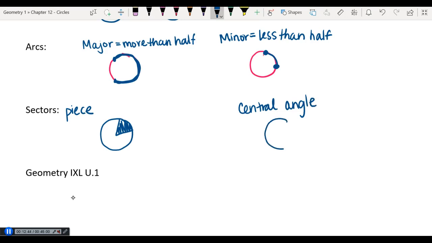A central angle looks like this. It's an angle that comes from the center of your circle. So a sector is when the whole thing is highlighted. A central angle is when it's just the angle is highlighted. Okay? So that's the last vocab word you're going to see.